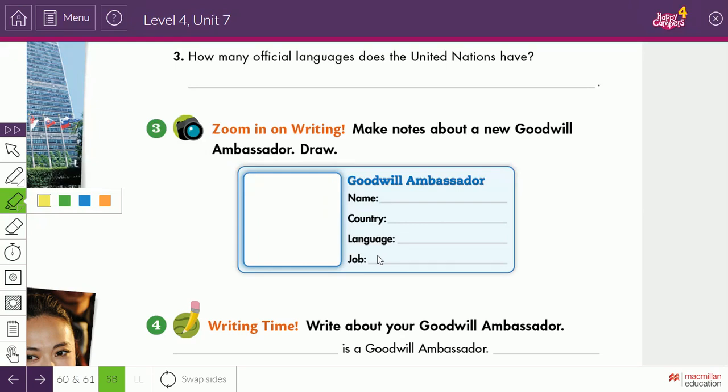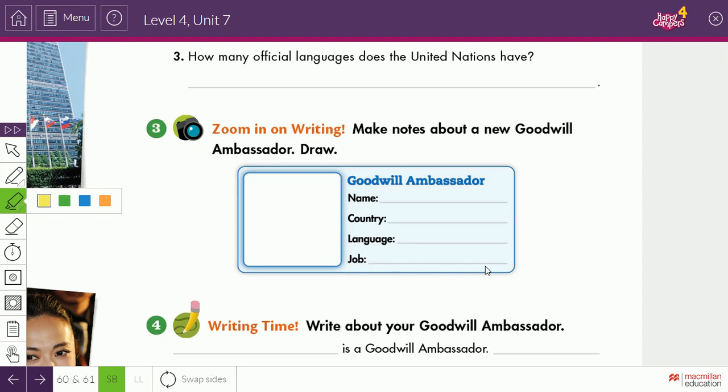So for example, I will choose my favorite teacher. My favorite teacher is Abdelghani Al-Khairat, for example. The country where he lives: Morocco. Language that he can speak, for example, Arabic and English, and some Spanish. He can speak Spanish too.